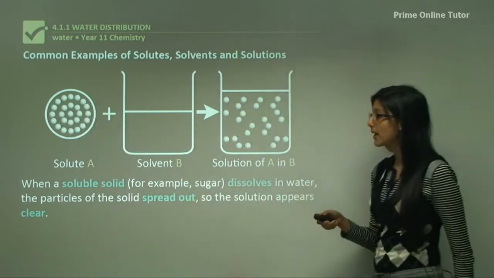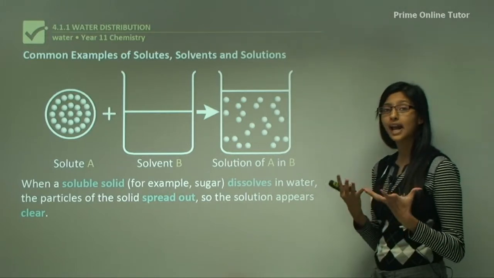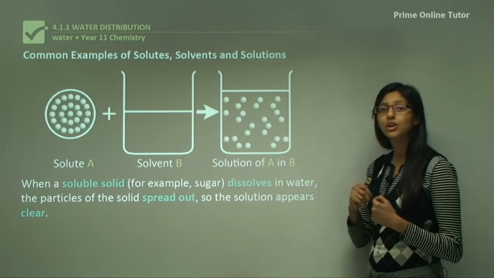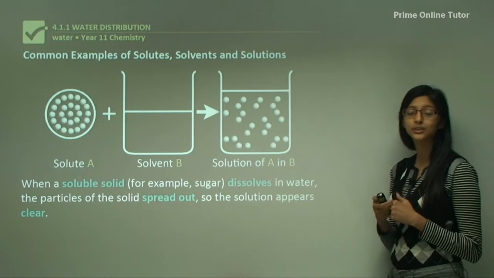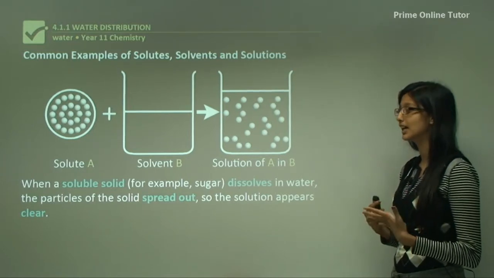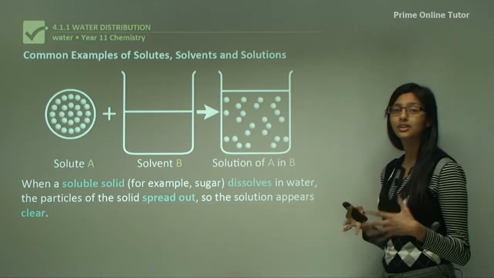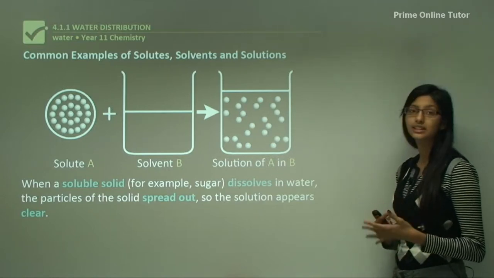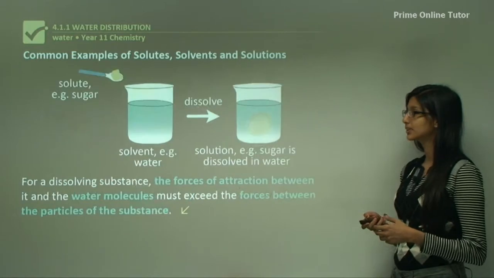But when you put them into the water, all of them spread out in equal amounts across the whole mixture, and therefore at the end we cannot see the salt particles anymore, because the water solution becomes clear as the particles spread out. They're not together anymore, and therefore they're harder to see with the naked eye. The only thing we can see is clear water solution, and we can't see the solid particles anymore.